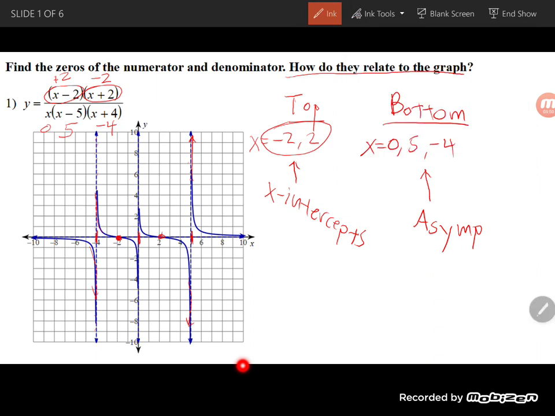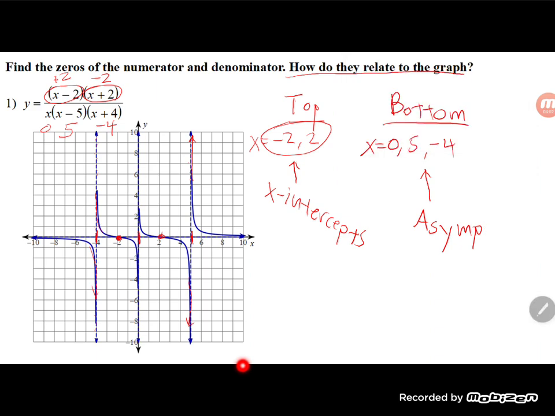Messed myself up with the silent P. There we go. Asymptote, I believe. Okay, check me on that. It could be wrong, but asymptote, this is what these come to represent.